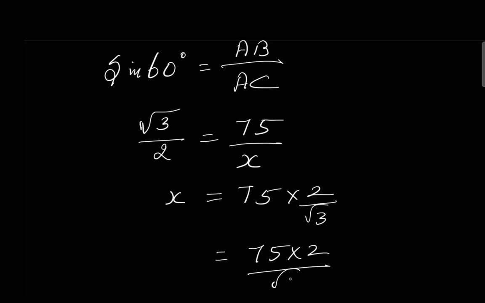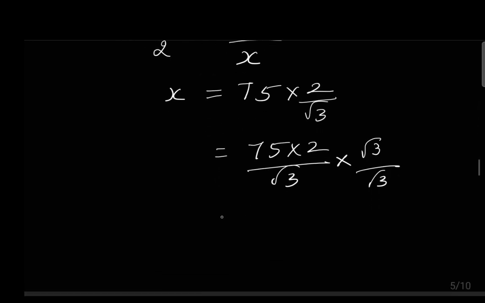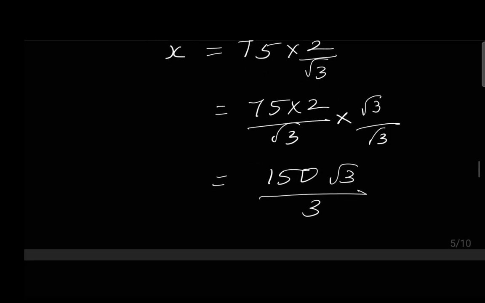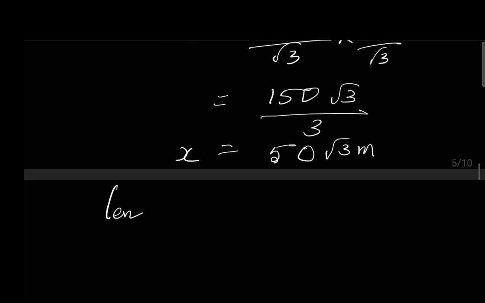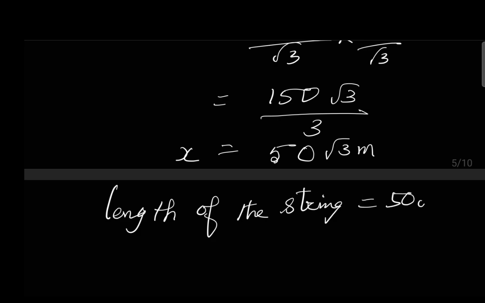So what I do, multiply and divide by the root 3 irrational number. So 75 into 2 is here 150. So 150 root 3 by 3. So cancel this. 3 goes here 5 times. 50 root 3 meter. So this is our x. What is x? Length of the string. So length of the string is equal to 50 root 3 meter.